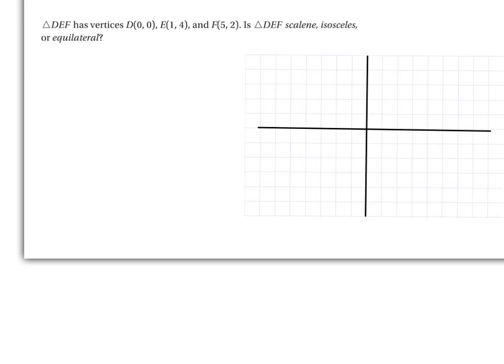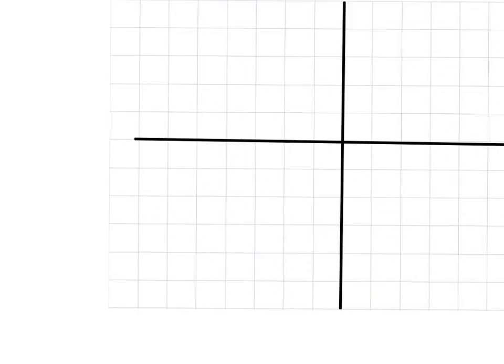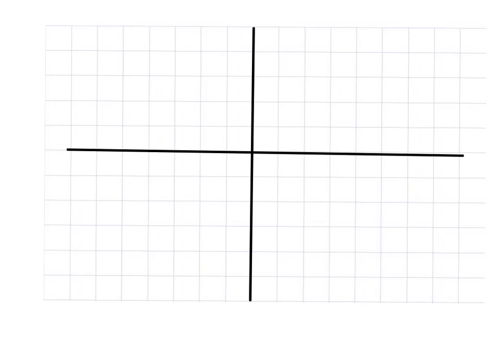Okay, now that you've hit pause, let's look at the graph here. Let's plot these points on our graph. So, triangle DEF, we've got 0, 0 to start. There's 0, 0. That's going to be point D. E is right 1 and up 4.